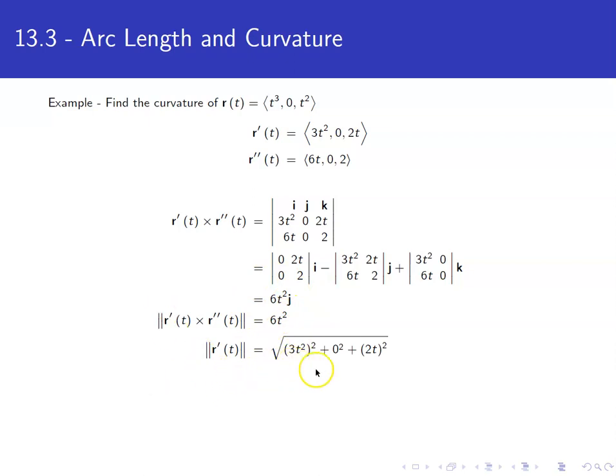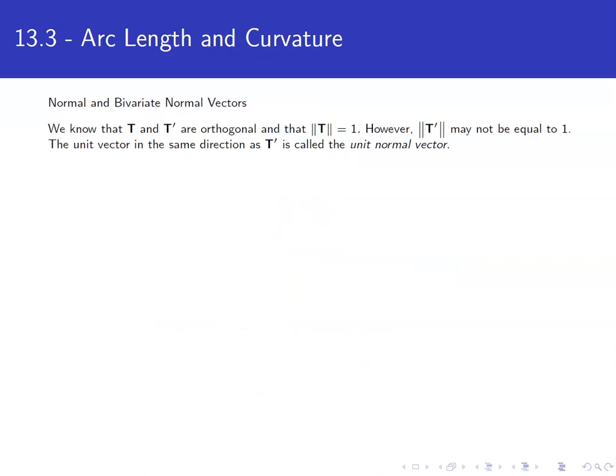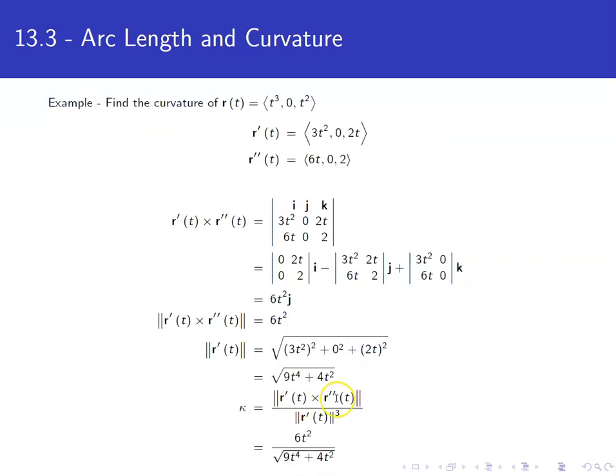Magnitude of r prime is the square root of 9t to the fourth plus 4t squared. So now we take the magnitude of the cross product and divide by, oh, this should be cubed. This should be not just the square root. It should be the square root of 9t to the fourth plus 4t squared, cubed, or write it as 9t to the fourth plus 4t squared raised to the 3/2.